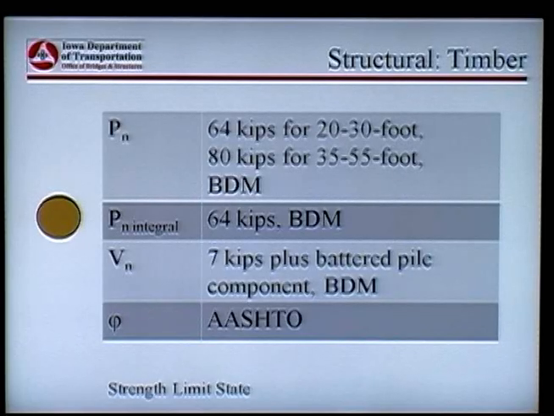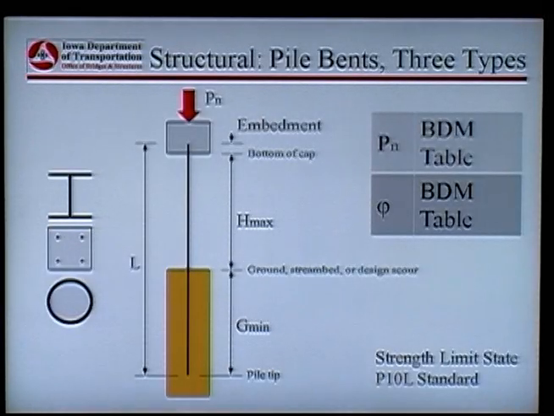Integral abutments, limit is 64 kips. And we also have a permissible resistance for the lateral load. Phi values, again, would come from AASHTO. And that, of course, is for the structural conditions.